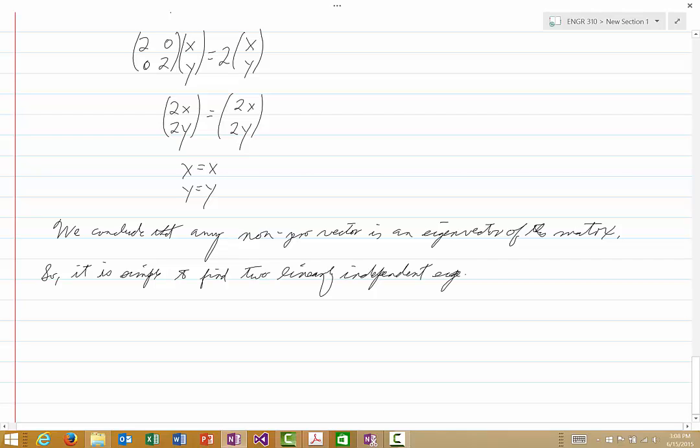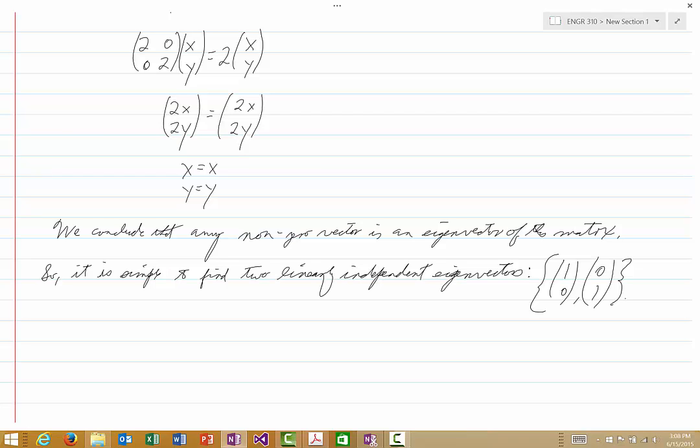Most people would choose something like 1, 0 and 0, 1. That's the simplest choice. These are obviously linearly independent vectors, and each of them is an eigenvector of the matrix 2, 0, 0, 2. Now, you could not find 3 linearly independent eigenvectors because these are vectors in R2, so you can only find 2 linearly independent eigenvectors.